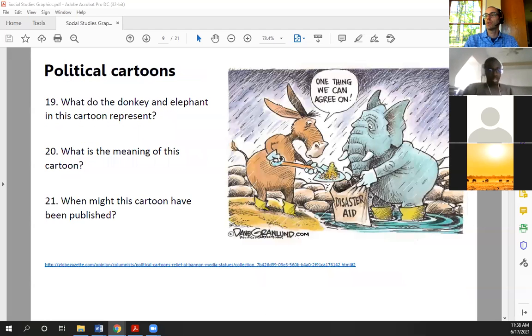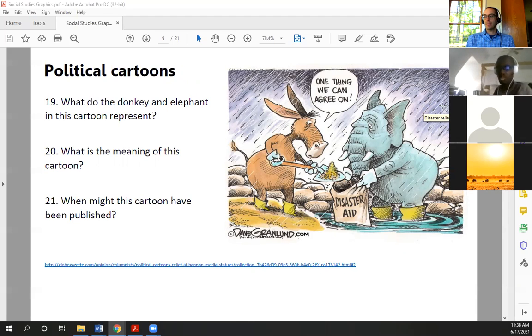Okay, political cartoons. You might get a political cartoon. Now, the thing with political cartoons is sometimes they can be very specific, but they try to use information that everybody's going to understand, right? So question number 19, what do the donkey and elephant in this cartoon represent?